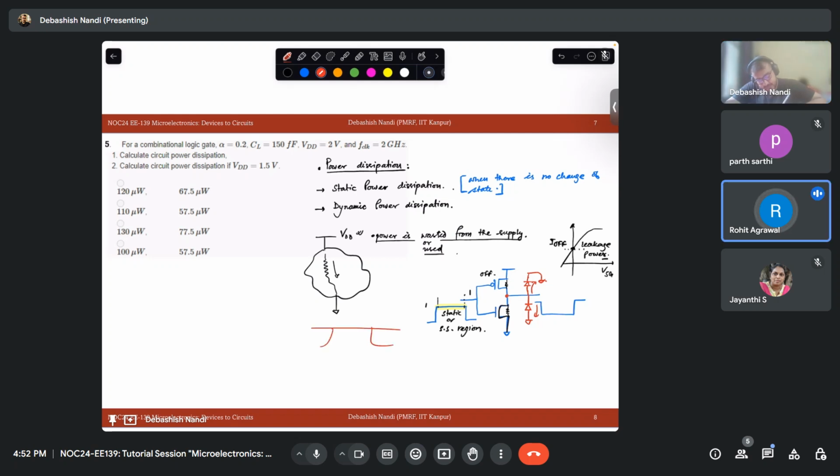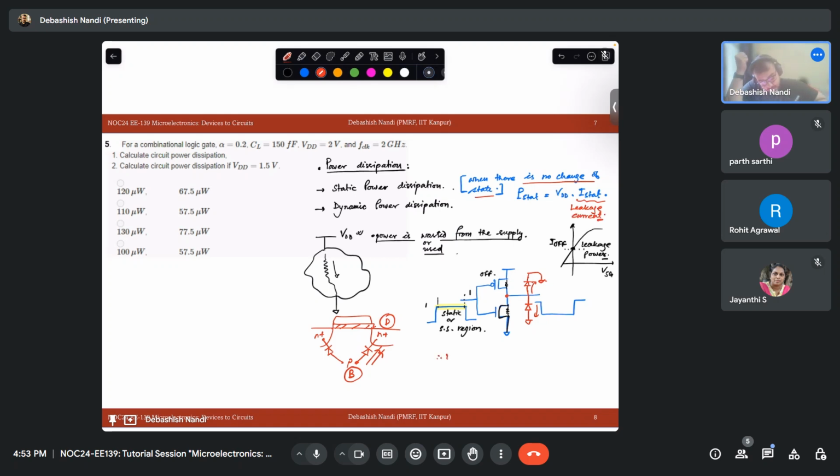These are this N plus and P. These drain body diodes will also contribute to your leakage power. So static power dissipation is basically your leakage power dissipation. Okay. It is defined as P stat equal to VDD times I stat, and this I stat is basically your leakage current.